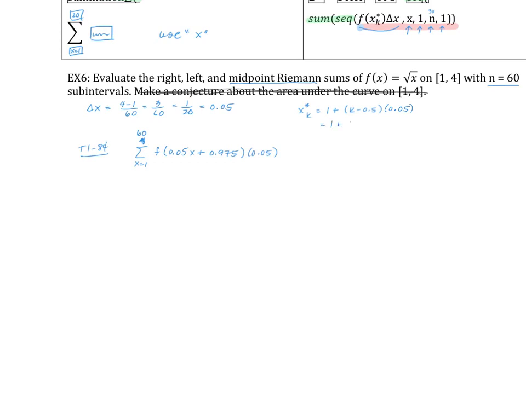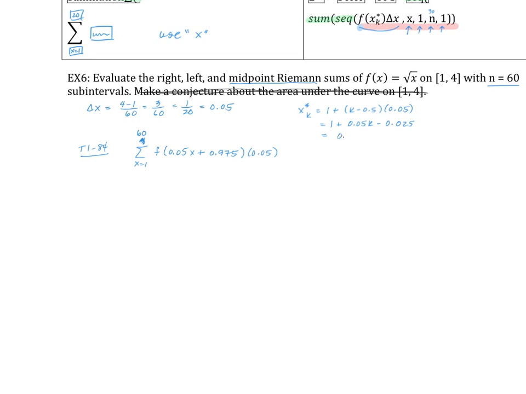Distributing the 0.05, I have 0.05k minus 0.5 times 0.05 is going to be 0.025. And that's how I got that x sub k star that I put in my function.